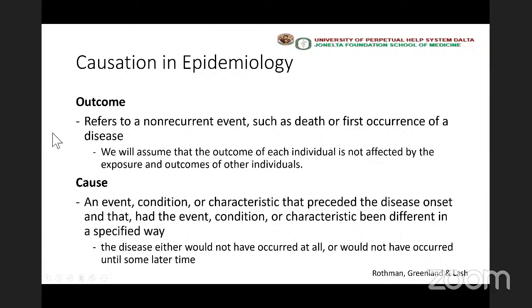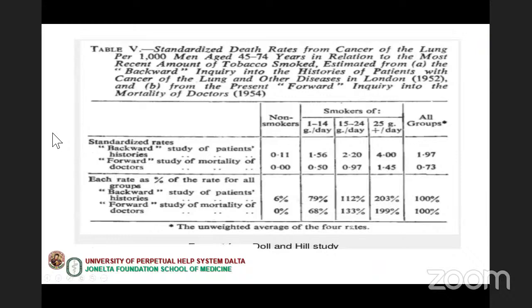Okay. So this is an example. For example, this would list standardized death rates from cancer of the lungs per 1,000 men aged 45 to 74 years in relation to amount of tobacco smoked, which is estimated from A, a backward inquiry into the histories of the patients with cancer of the lung, and B, from the present forward inquiry into the mortality of doctors.